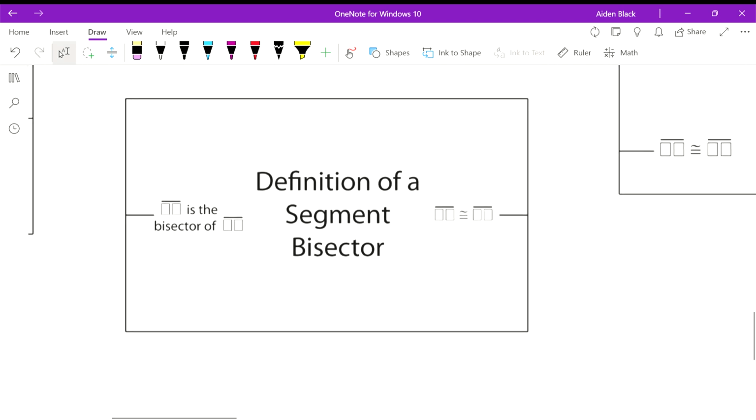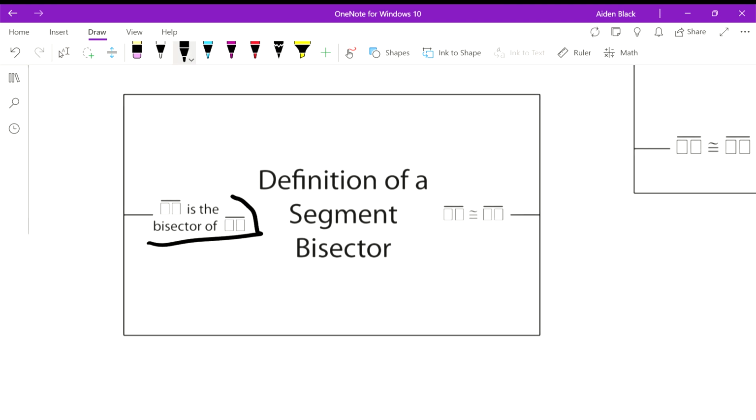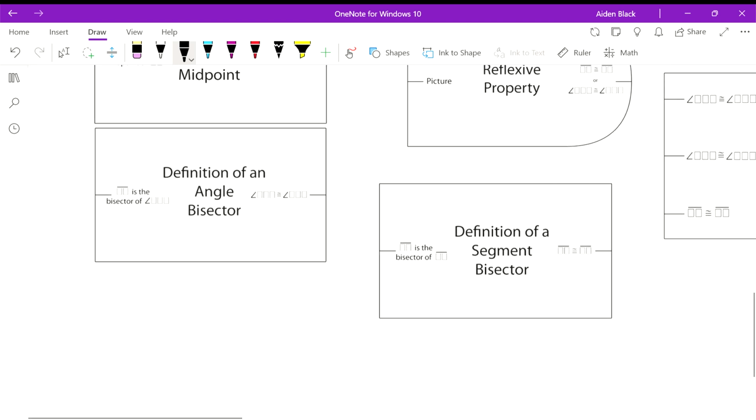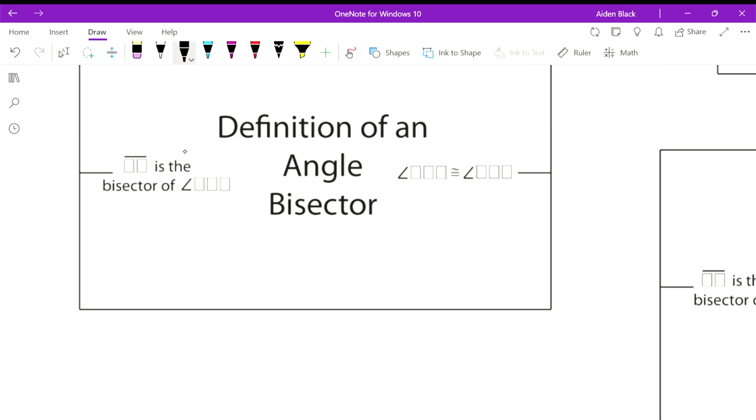Okay, so this one says blank blank is the bisector of blank blank. You might think for a moment that we would use this, right? But this is segment bisector. That's not what we're looking for. We're looking for this one right here. Blank blank, XM, is the bisector of XYZ. So we'll pull this card.